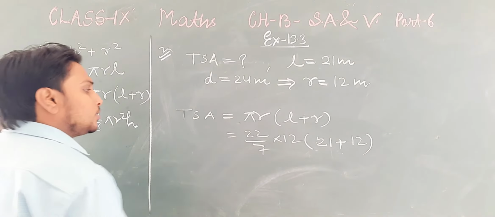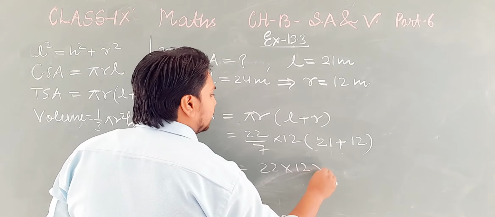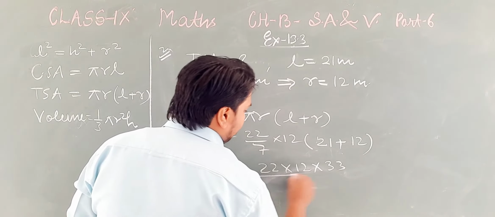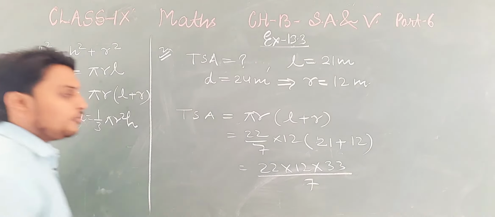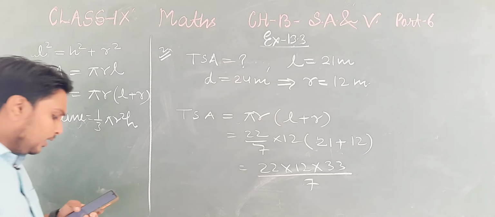So it will be 22 into 12 into 21 plus 12, it is 33, upon 7. So you have to calculate it, how much it will be. 22 by 7 into 12 into 33. After calculating it, what you will get?